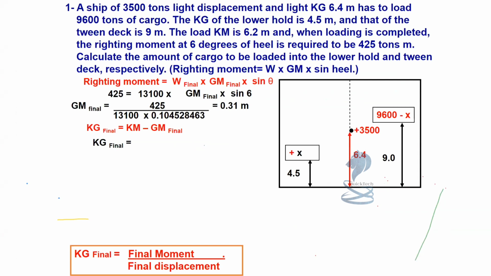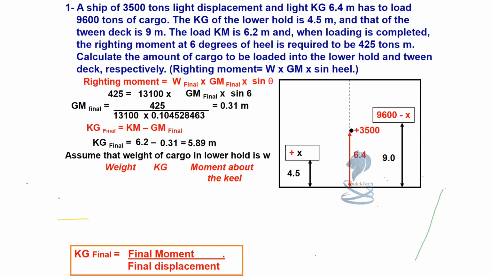Righting moment formula is W final into GM final into sine theta. So we need a righting moment of 435 tons meter. W final, that is final displacement 3500 tons plus weight added 9600 tons is equal to 13100 tons, times GM final into sine theta, that is sine heel of 6 degrees. Hence we get the value of GM final, that is 0.31 meters.